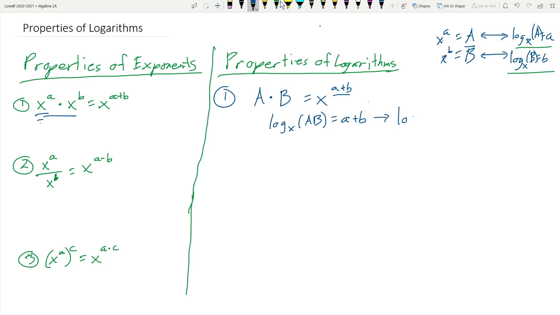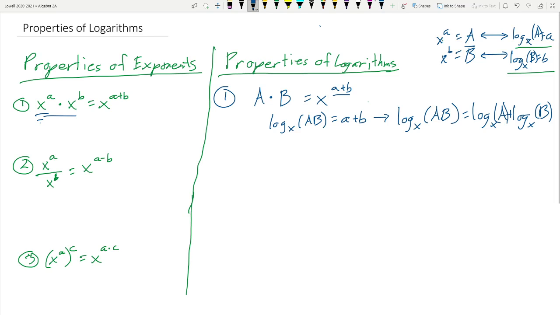And this says that log base x of this product, AB, is equal to log base x of A plus log base x of B. Sorry, that should be big B right there. So again, this property, there's a little proof here that shows that, sorry, it's a little cramped, but that shows us that if you want to evaluate the logarithm of some product, then you just factor it out into two numbers and evaluate the logs separately and add them.